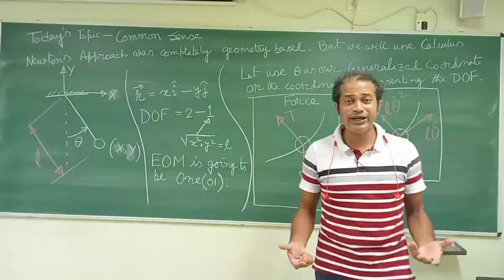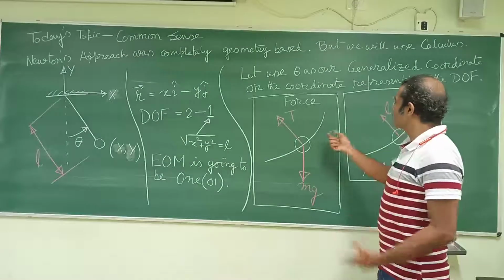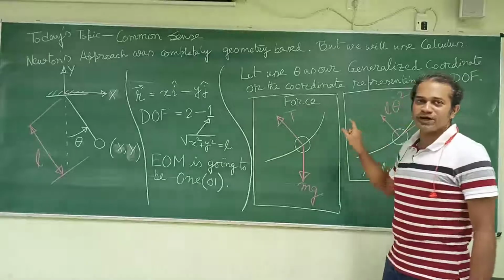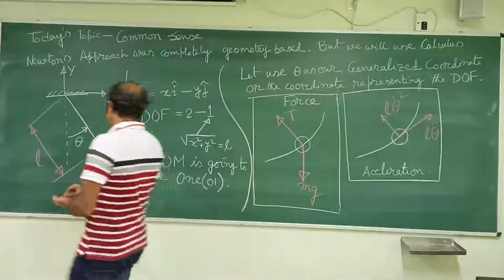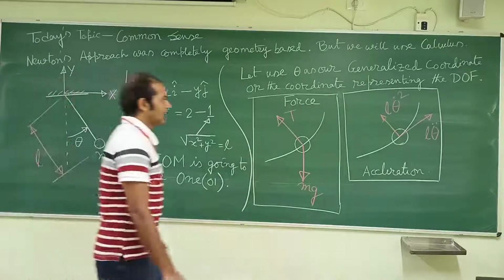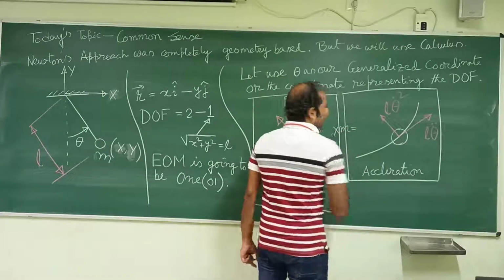Now how are you going to get the equation of motion from Newton's second law? We will be just multiplying the acceleration terms with mass m. Let's say the bob has the mass m.